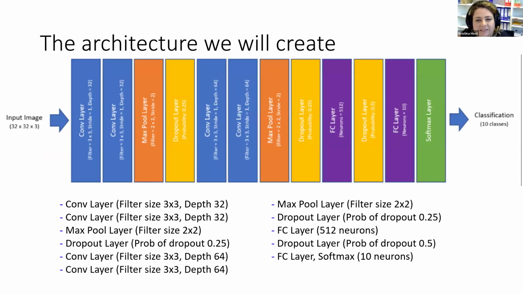This is the architecture we will create. So we will start with an input layer, and we will also have the output layer with 10 classes, because we have 10 classes in our dataset. In between, we will have different convolutional pooling layers, also a dropout layer, then again convolutional pooling, dropout, etc. So these convolutional layers are used to extract features.